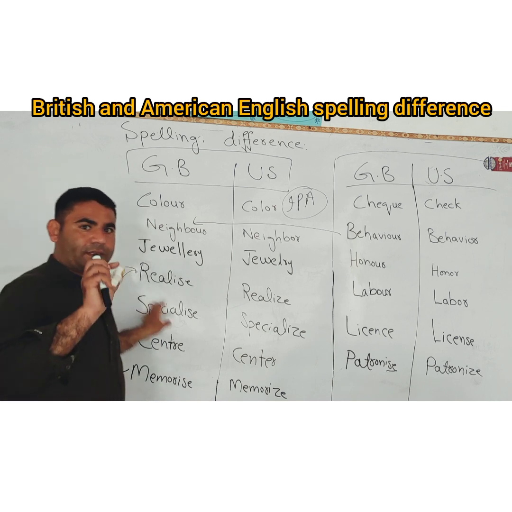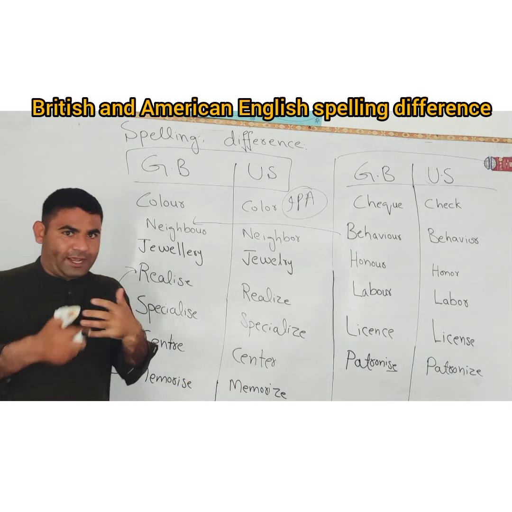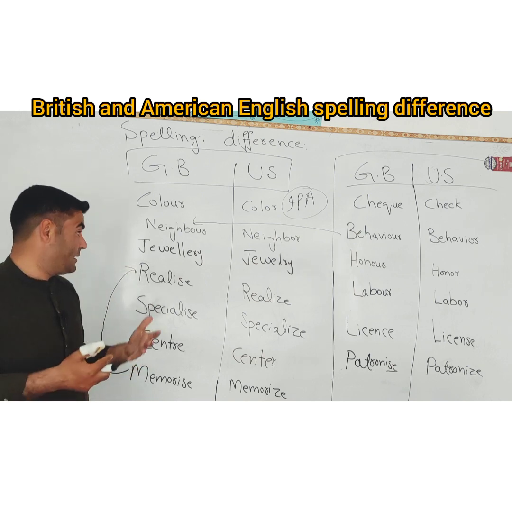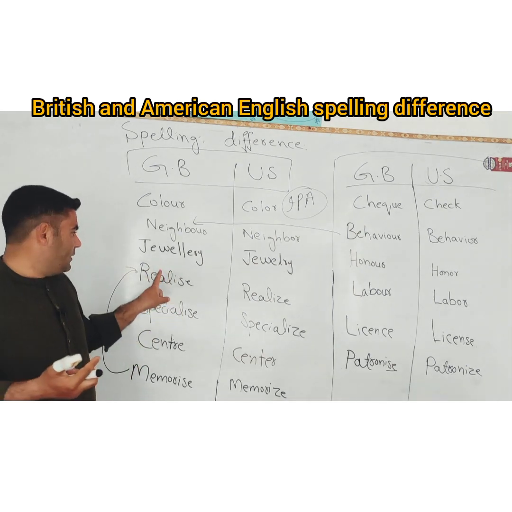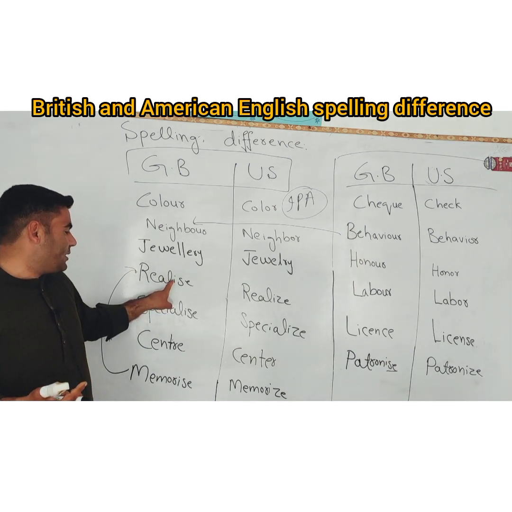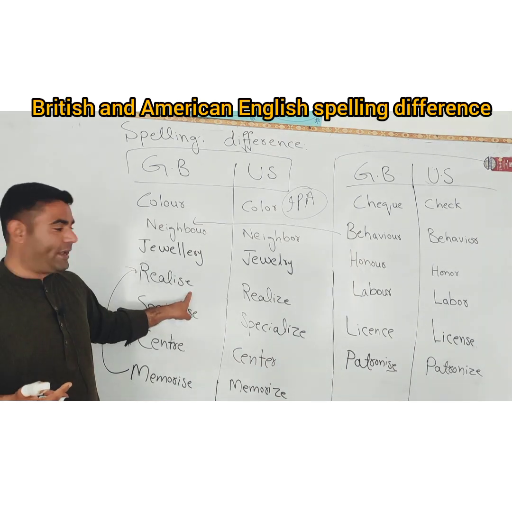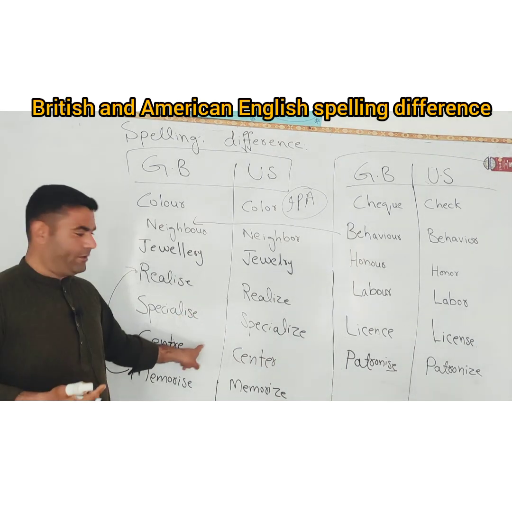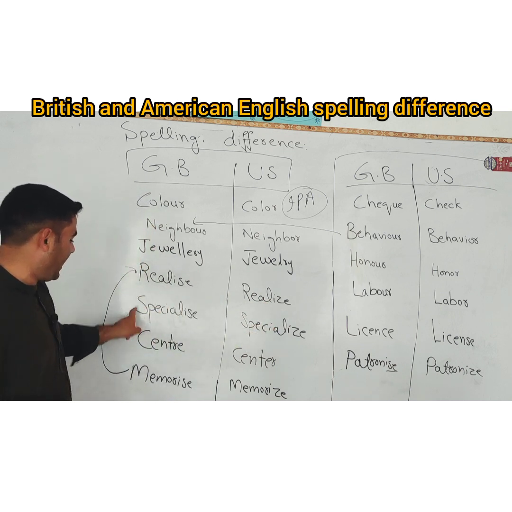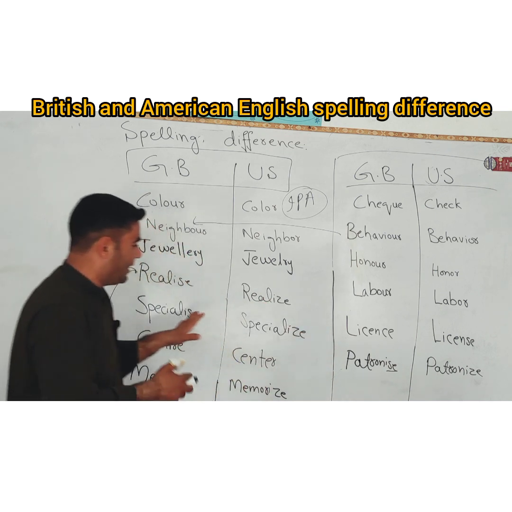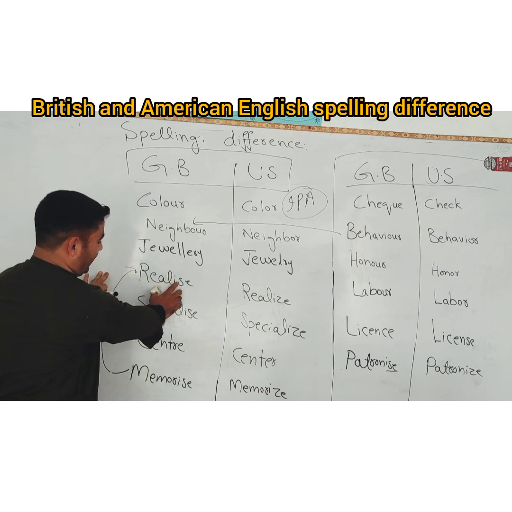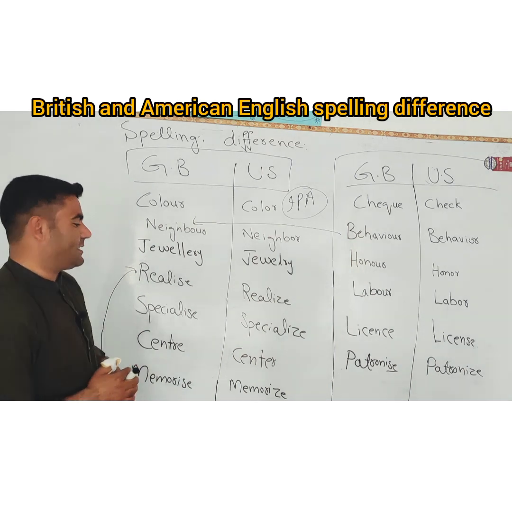And the ize words, realize, memorize, recognize, utilize: in British English they are spelled with I-S-E, and in American English with I-Z-E. Realize, specialize, memorize, patronize, all of these words in British English end with S-E, and in American English with Z-E.